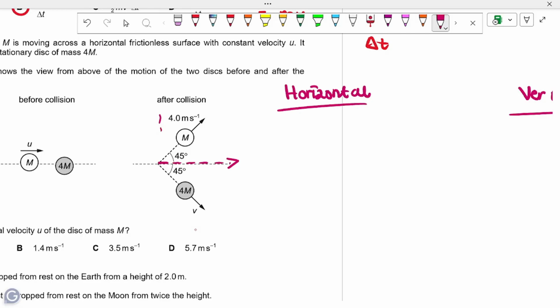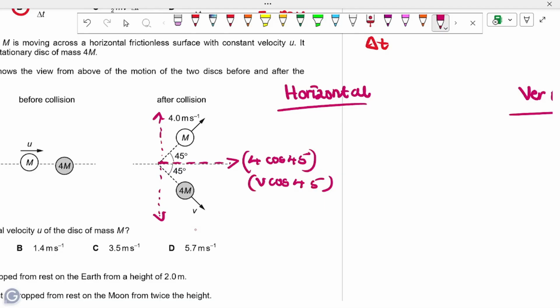If you close the angle, close starts with a C, so you arrive at cos, you have 4 cos 45. But you also do that for this one. You close the angle, you have v cos 45. Okay, so those are your two horizontal velocities.